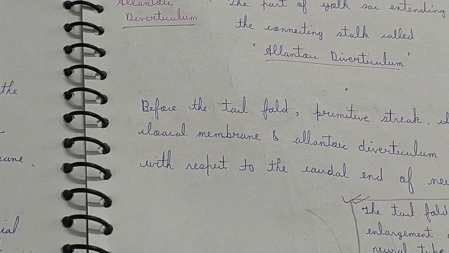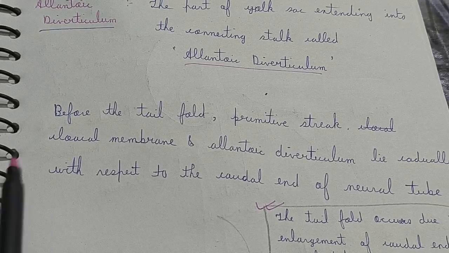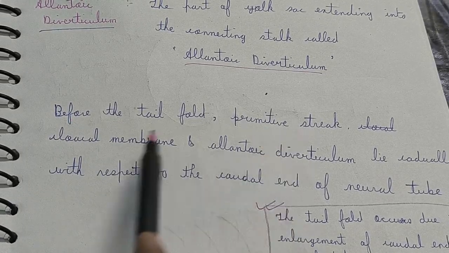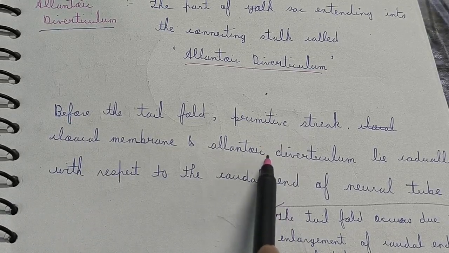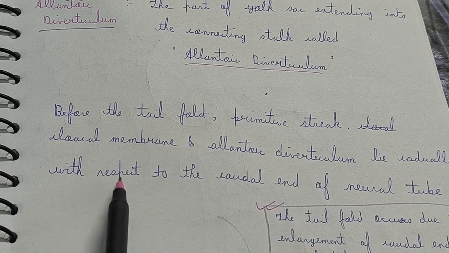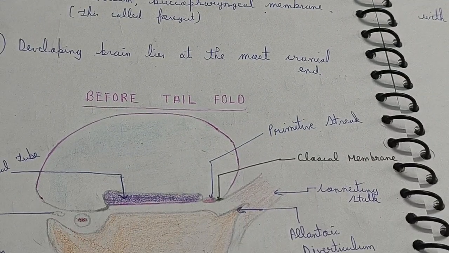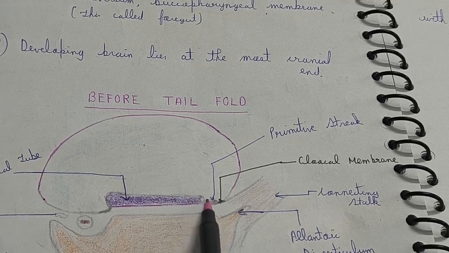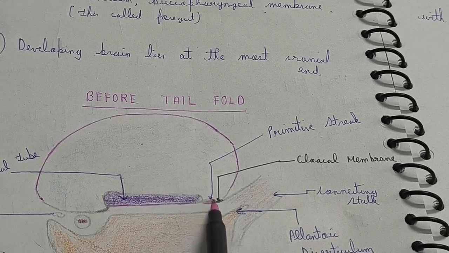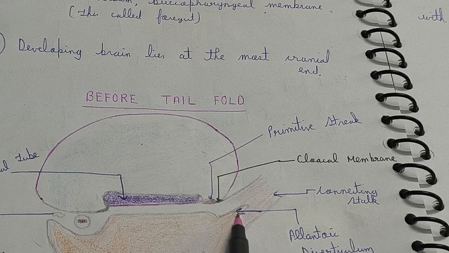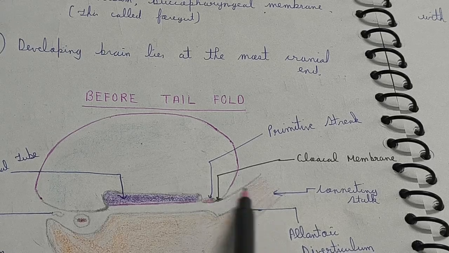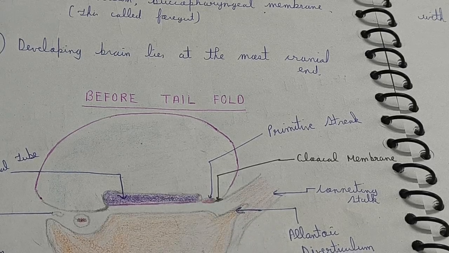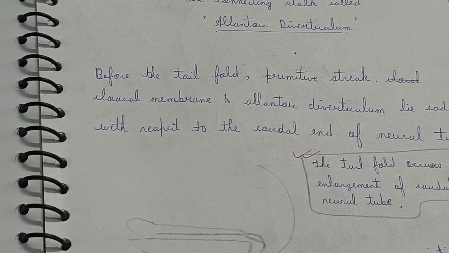Before the tail fold, the primitive streak, cloacal membrane, connecting stalk and allantoic diverticulum lie caudally with respect to the caudal end of the neural tube, as you can see here.